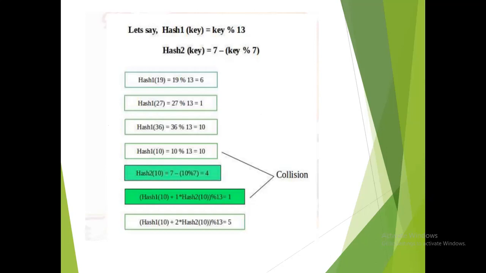The hash1 of 19 equals 19 modulo 13 equals 6. Hash1 of 27 equals 27 mod 13 equals 1. Hash1 of 36 equals 36 modulo 13 equals 10. 10 modulo 13 equals 10. Hash2 equals 7 minus (10 modulo 7) equals 4. Hash 10: 1 plus i times hash2, 10 modulo 13 equals 1. It is a collision.